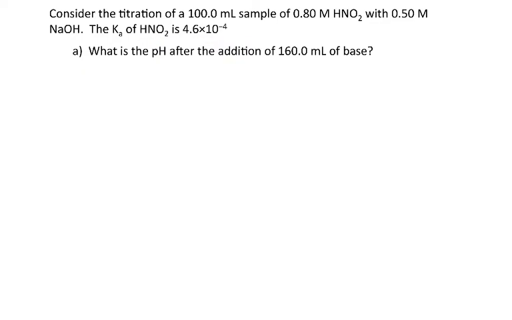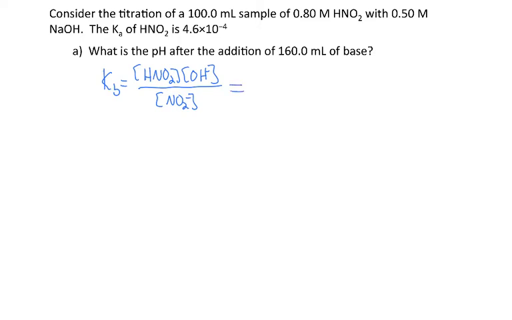So now it's just a matter of plugging in the values from the equilibrium row of my ice table into the equilibrium constant expression. So I know that Kb is equal to HNO2 times OH minus over NO2 minus.